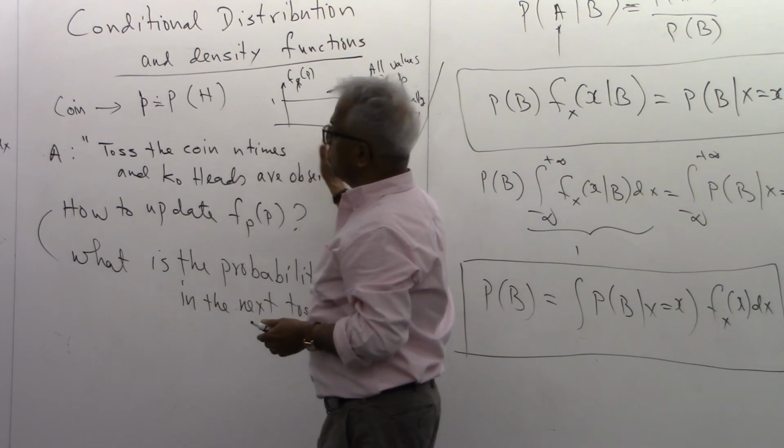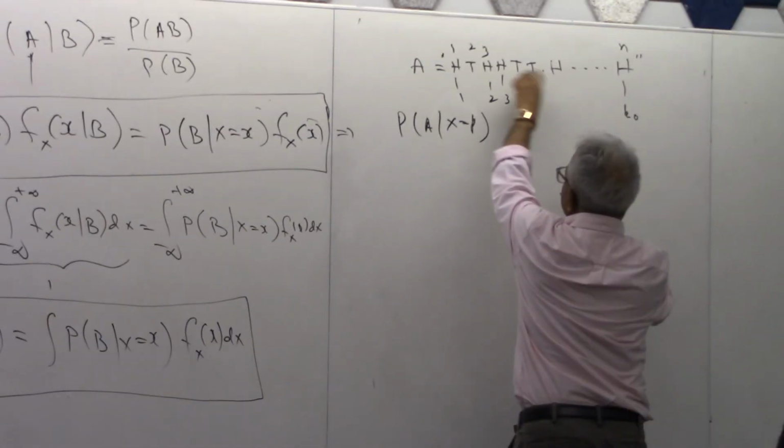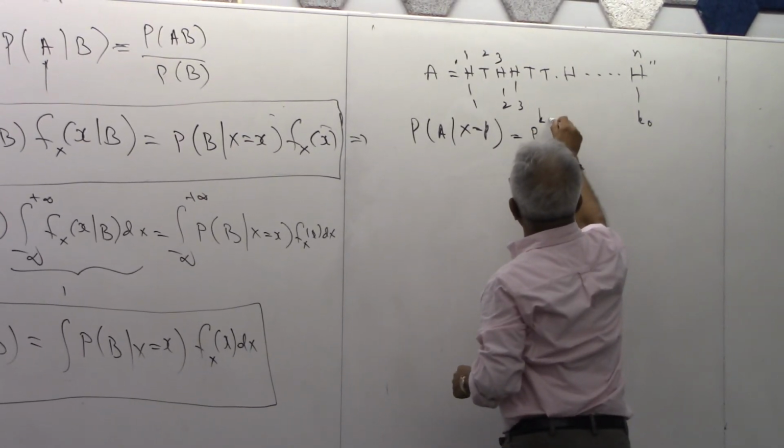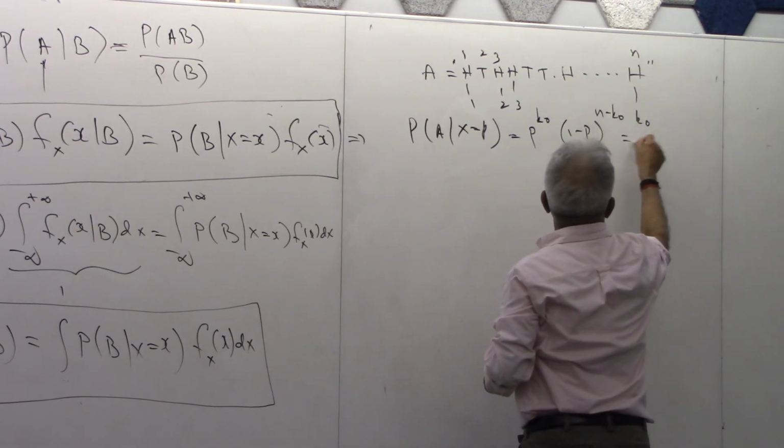For a particular value of P, this is going to be P, this is going to be 1 minus P, P, etc. So that's going to be P to the power k naught, 1 minus P to the power n minus k naught.